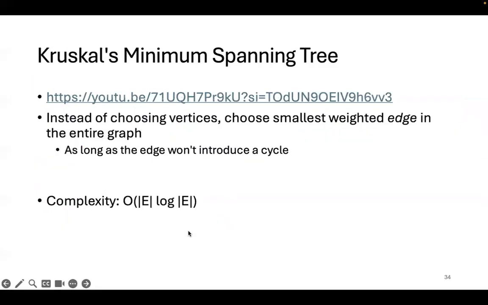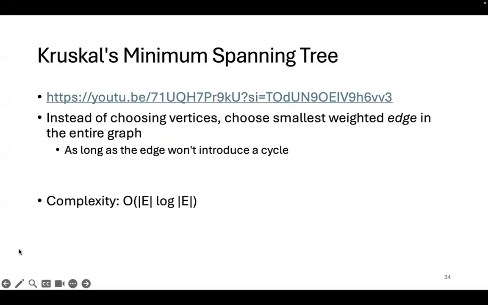Okay, let's look at another one. So another minimum spanning tree. So we're going to get the same kind of result of here's the tree and here's the cost. And this is Kruskal's algorithm.